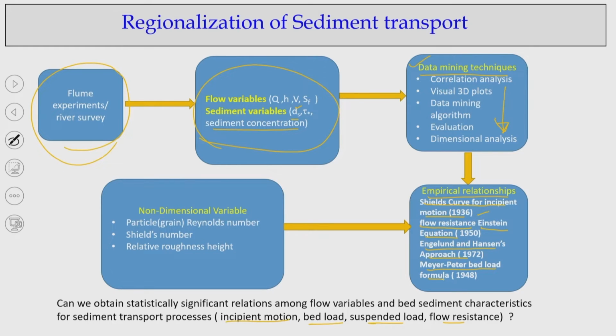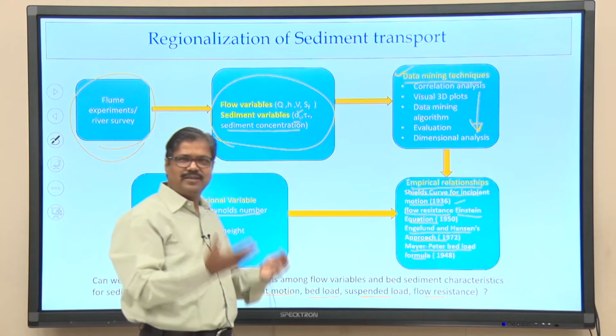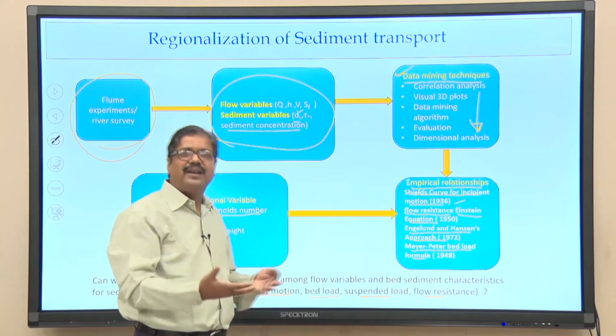If you look at that, these equations came from conducting a series of experiments at the flume level, collecting data from the field, smaller rivers or bigger rivers, compiling all the data, and conducting data mining concepts to establish the relationships. These are empirical relationships, introducing new concepts like the particle Reynolds number, as we discussed in the last class, or the grain Reynolds number.